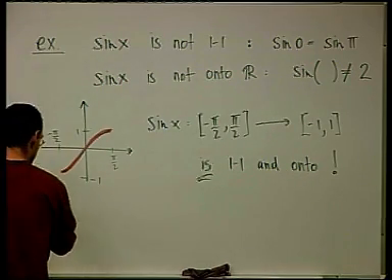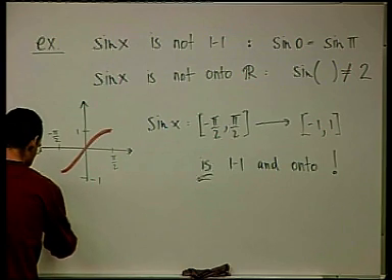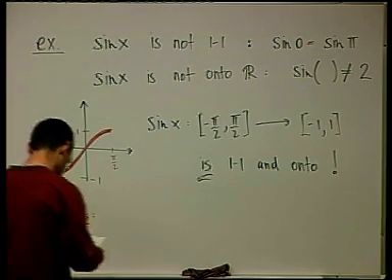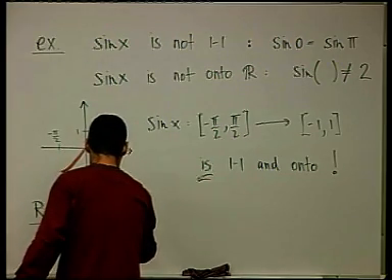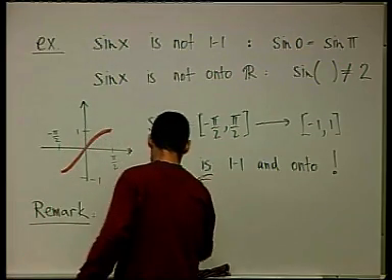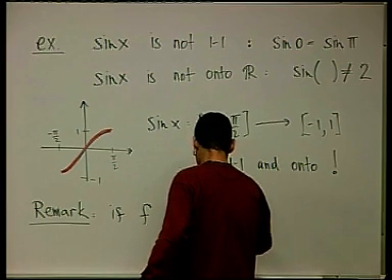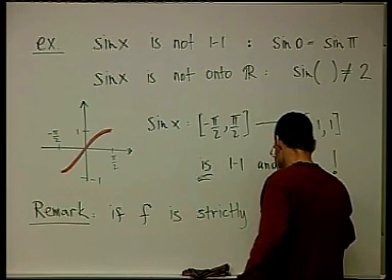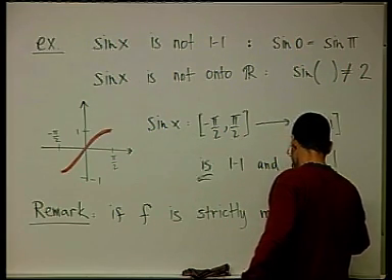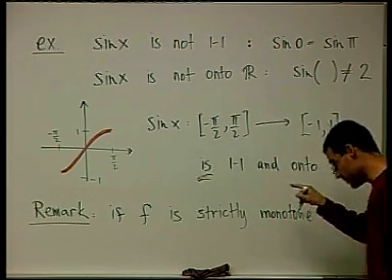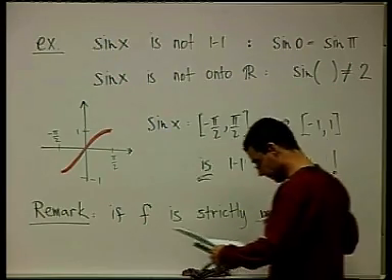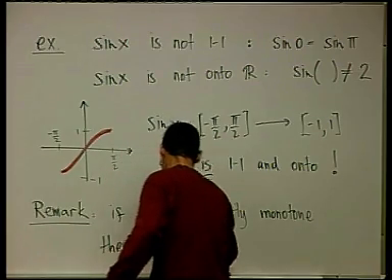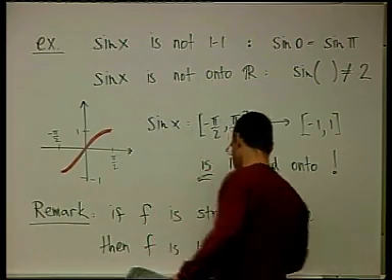So here's another something to think about. You can think of why this is true. Remark. If f is strictly monotone, whether increasing or decreasing, but if it's strictly monotone, then f is one-to-one.